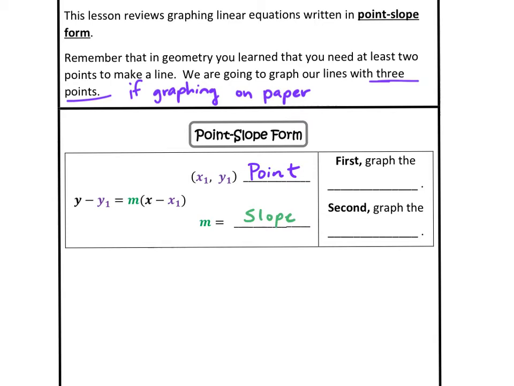The first thing that we want to graph when we're graphing in this form is to make sure and graph the point first. Graph the point, x1, y1. We're going to graph that point first.